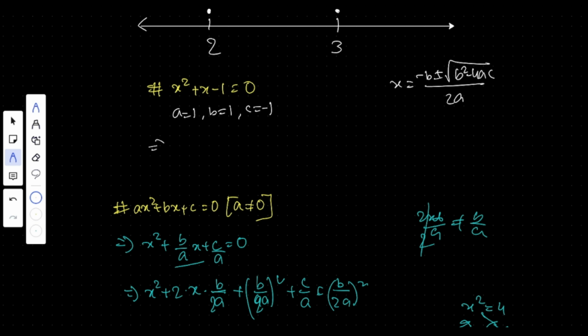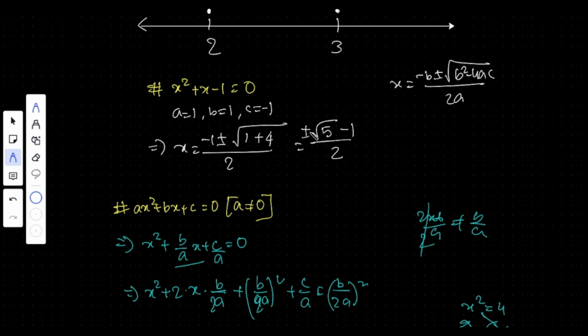Then x equals minus 1 plus minus root of 1 square minus 4 times 1 times minus 1, which is plus 4, whole divided by 2. Then it becomes plus minus root 5 minus 1, whole divided by 2.